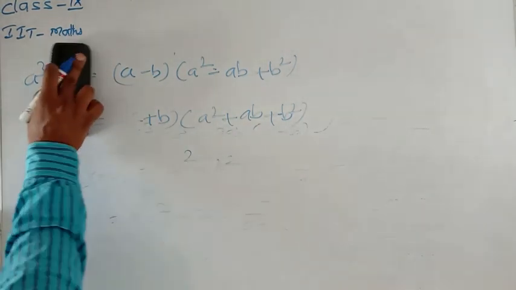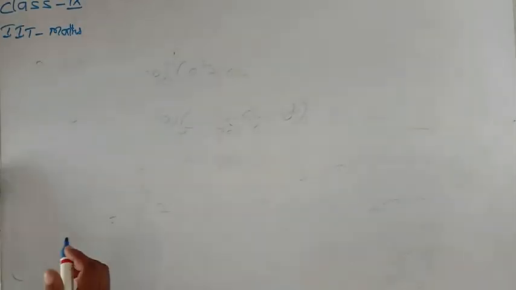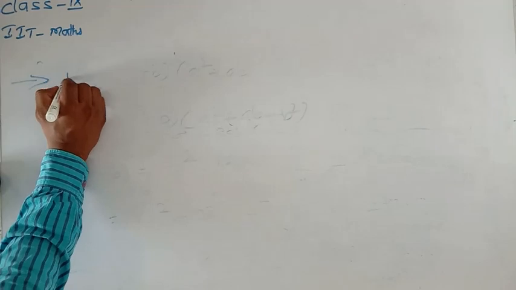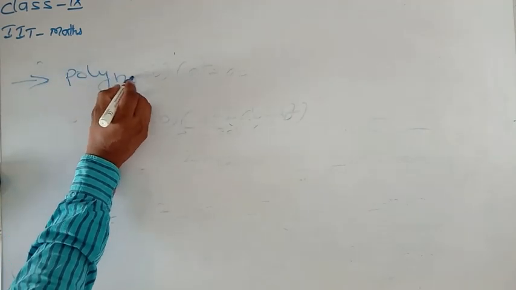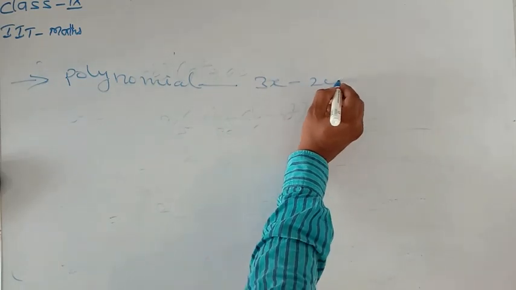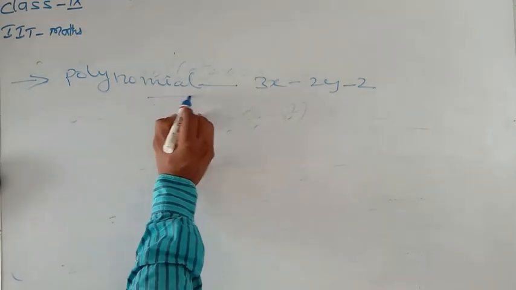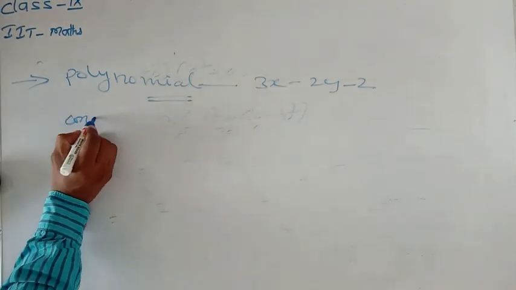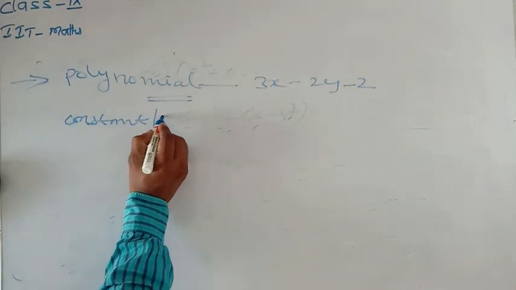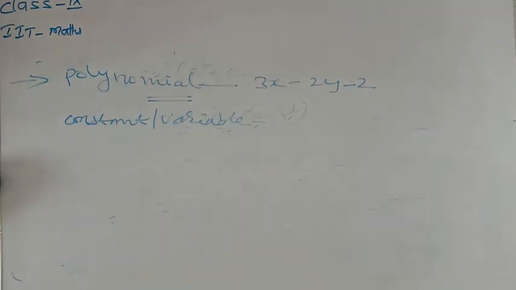So let us revise what we have learned in today's class. First we discussed the polynomial. An example is 3x minus 2y minus 2. After this, we discussed constants and variables. A number which has a fixed numerical value is called a constant, and a number which varies from time to time is called a variable.